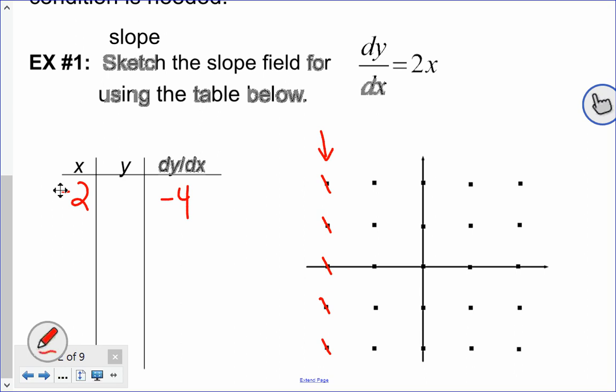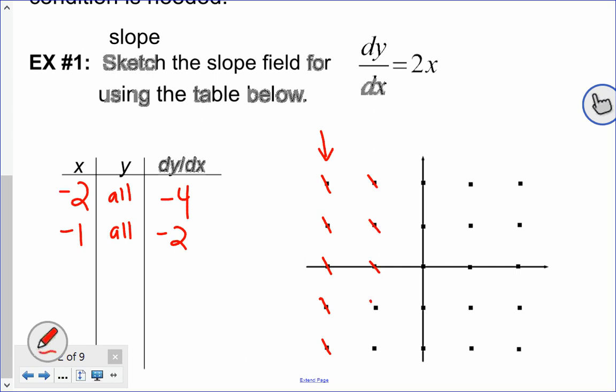Let's go for x equals -1. Again, this is going to be true for all of the different y's, so I don't need that column. If x is -1, 2 times -1 is -2, so dy dx would be -2. Not quite as steep as -4, but still steeper than -1 would be.